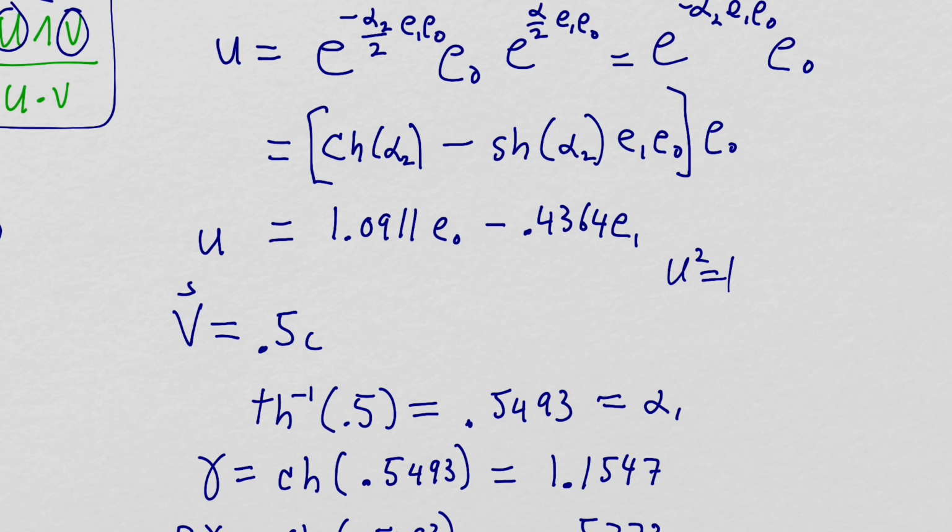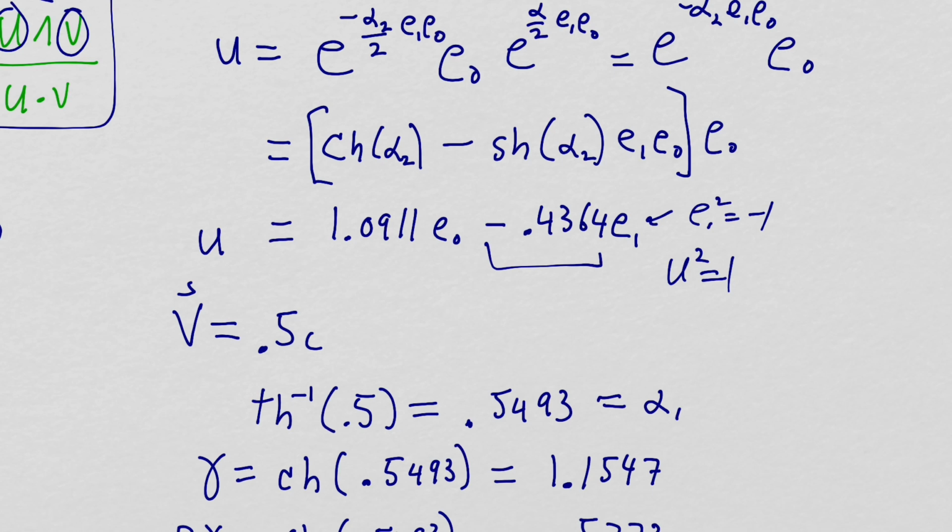So, when you do square this, remember E1, you take the dot product with itself, right? E1 squares to, wait a minute, what are we doing? Yeah, minus 1. So that's going to cancel that minus 1 there. In other words, E1 squares to minus 1, right? So E1 squared is going to be minus 1.